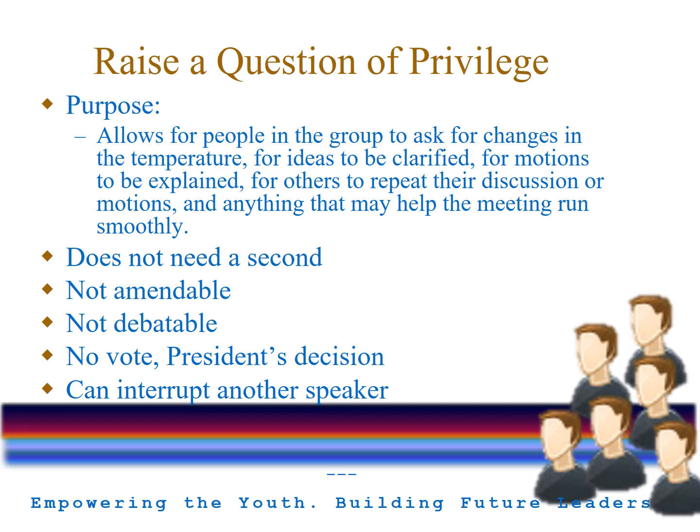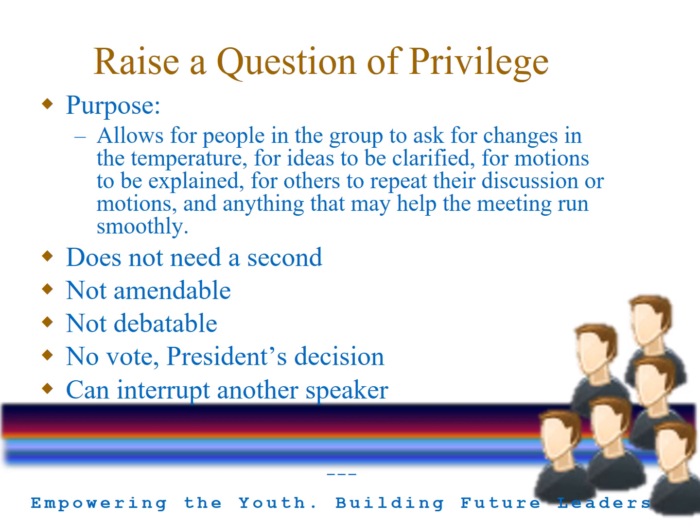So this does not need a second, and it is also not amendable and not debatable. And there is no vote. The president or the chairman decides if he or she allows the member to raise a question of privilege to be directed to any of the other members. And you can interrupt another speaker if you want to raise a question of privilege.